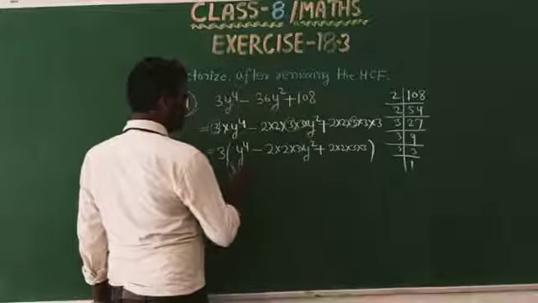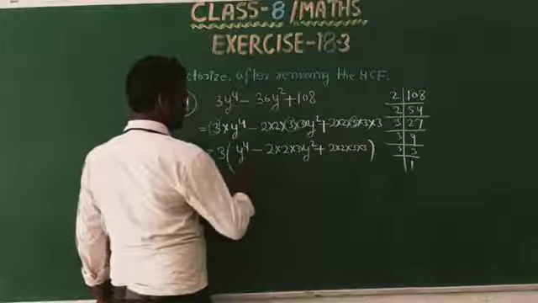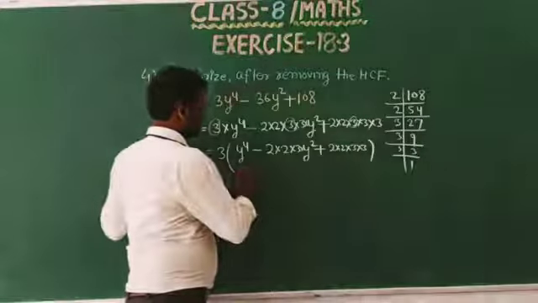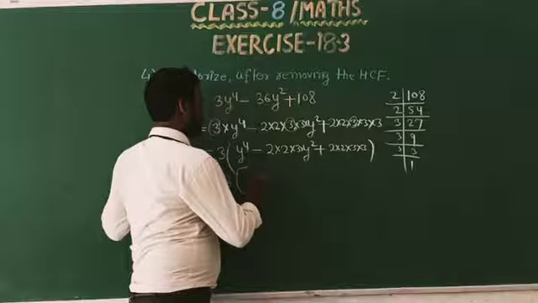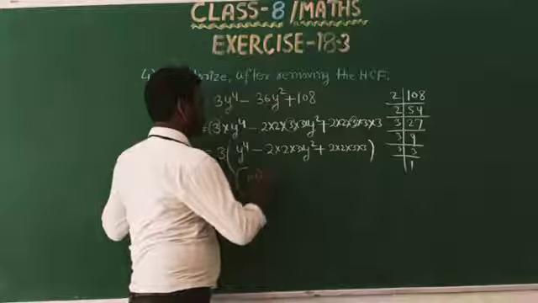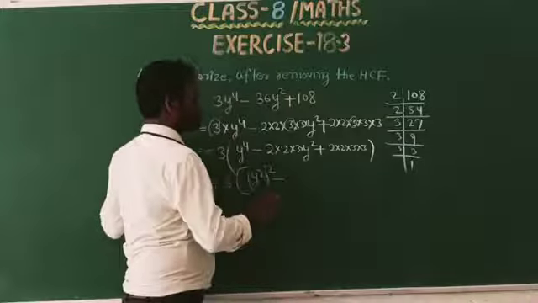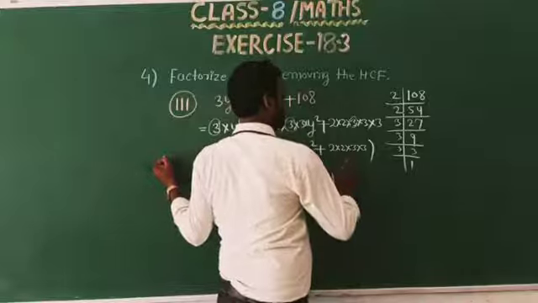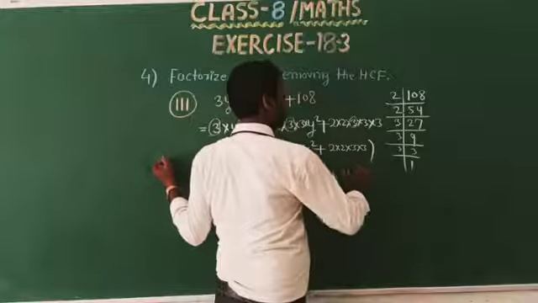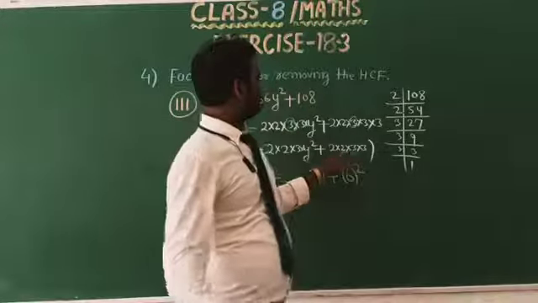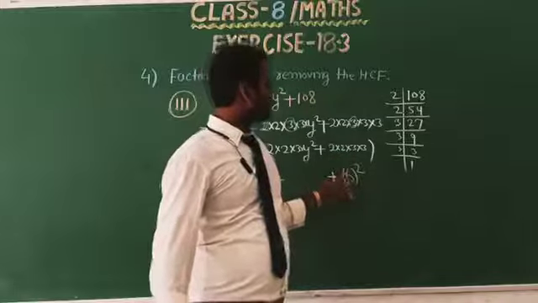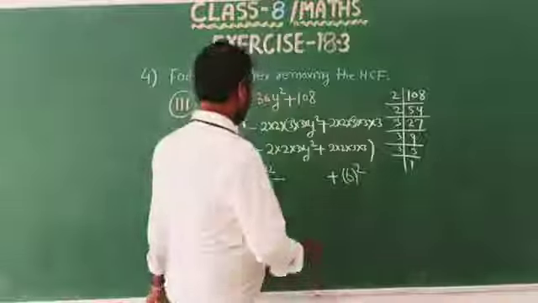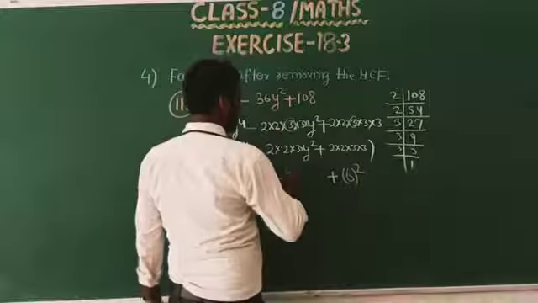And now this is written in this form: y square to the power 2 minus 2 into y square into 6 plus 6 square, since 36 can be written as 6 to the power 2.